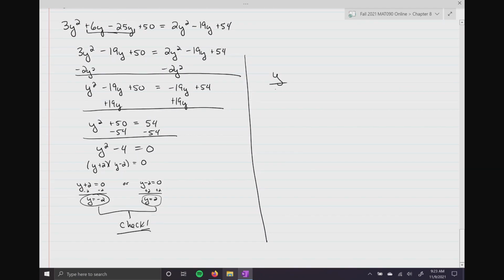So y over 5 times y minus 2 minus 5 over 3 times y plus 2 equals 2y to the second minus 19y plus 54 all over 3 times 5 times y minus 2 times y plus 2. Now, we need to check.